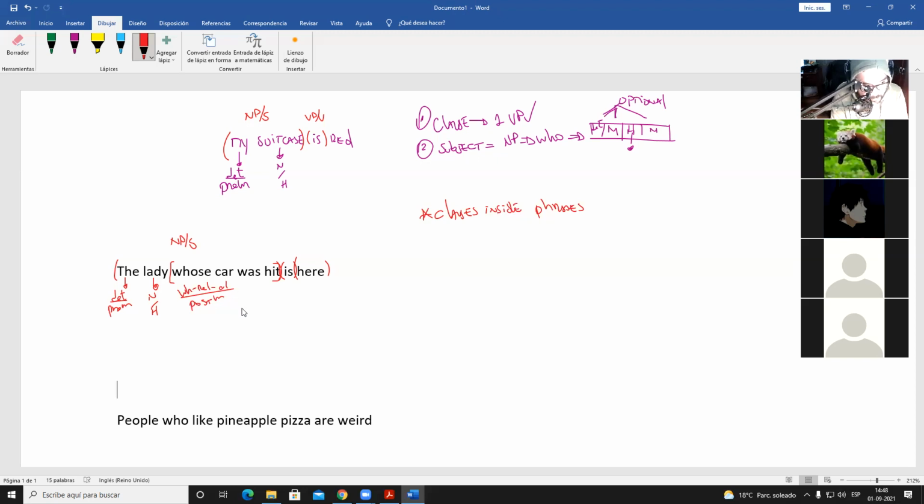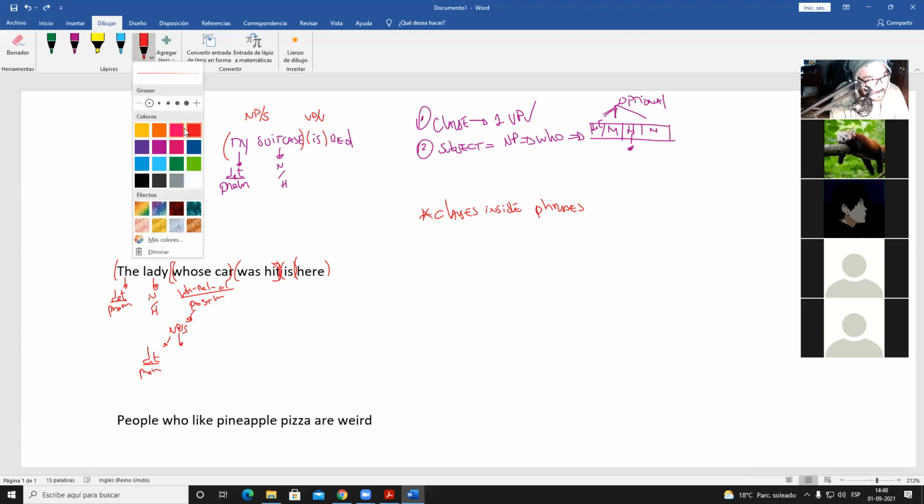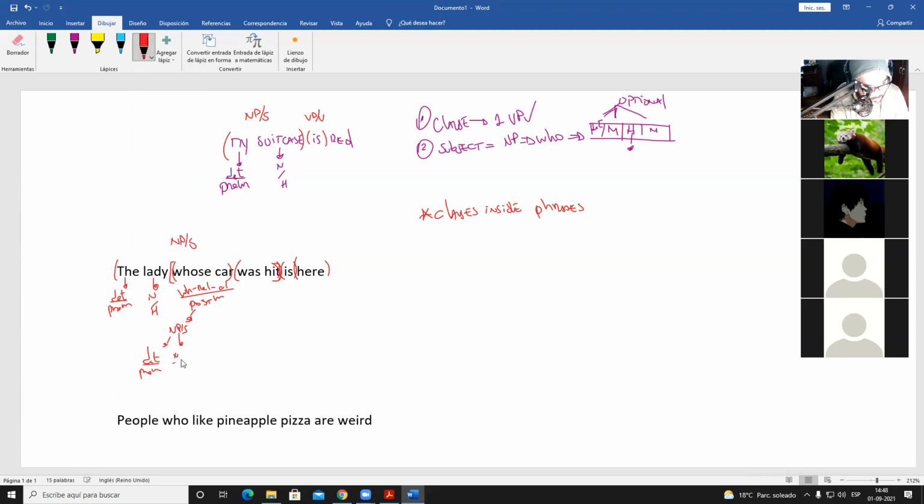Now, as I said, WH relative clause, then I have to state the phrases by which this clause is built: whose car and was hit. So the noun phrase subject would be whose car, where whose is a determiner pre-modifier of car, which is the noun head.